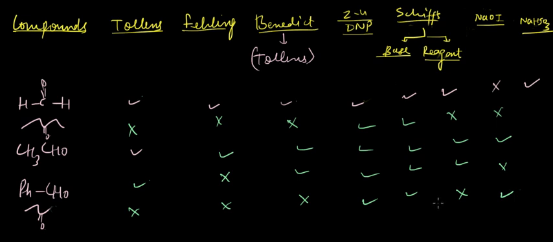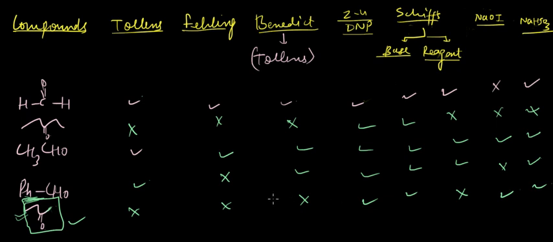So it would be possible for all the aldehydes and methyl ketones. It would not be possible here because it is not a methyl ketone. This compound is a methyl ketone. I think I might have said methyl groups on both the sides, so it is wrong. By the meaning of methyl ketone, it should have a methyl at least on one side of the keto group. So it is possible in this case.